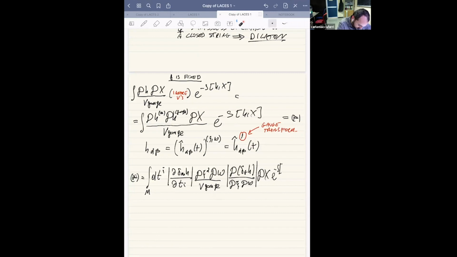So I have to write it in this way. So this is h hat prime of t, comma x.